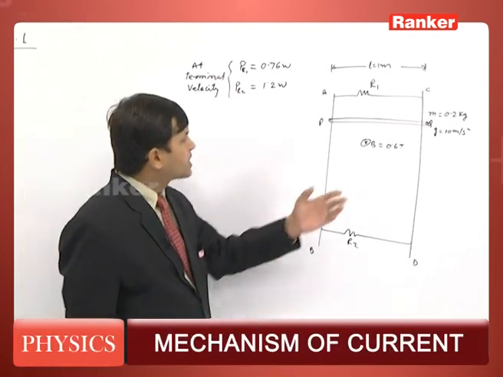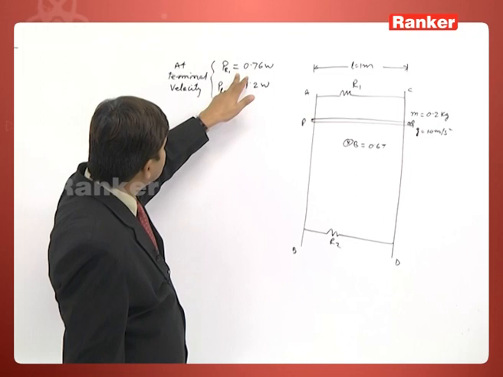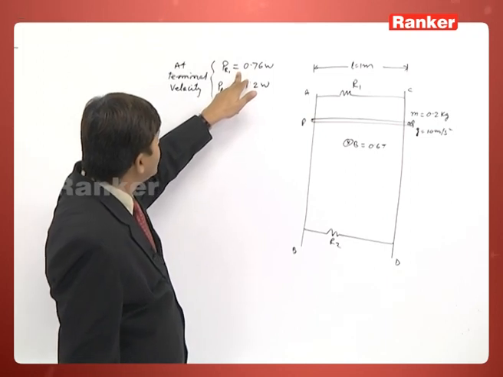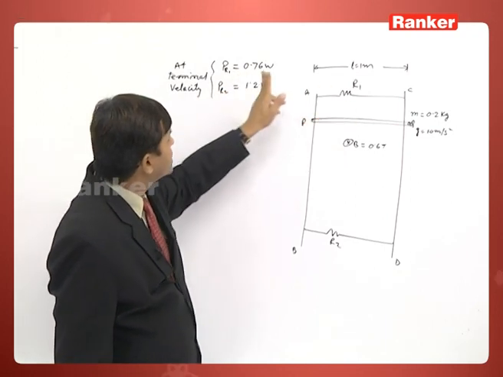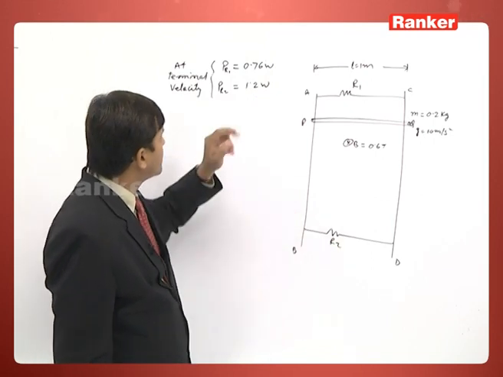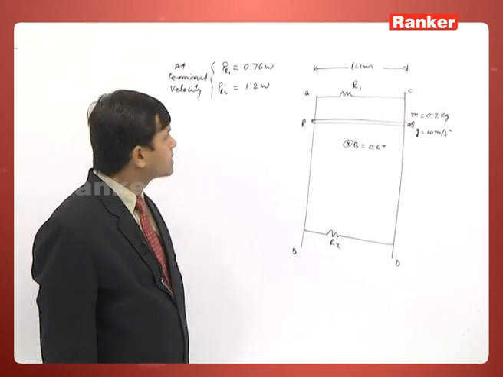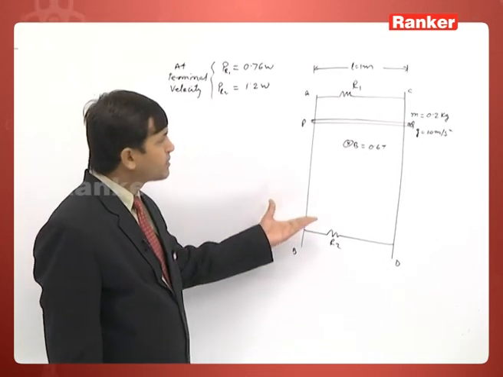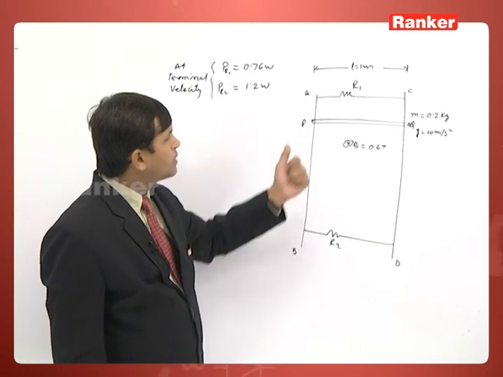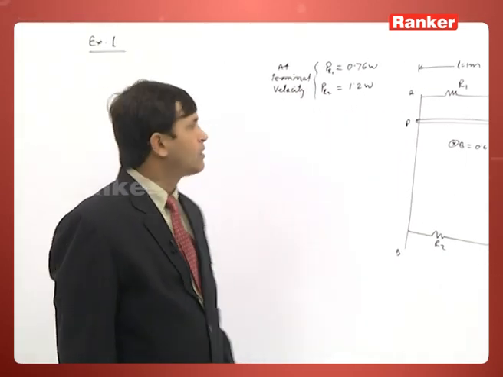So it is given that terminal velocity is reached. At that moment the power dissipated across R1 is 0.76 watt and the power dissipated across R2 is 1.2 watt. Then what is the terminal velocity and what are the values of R1 and R2? This is the problem here.